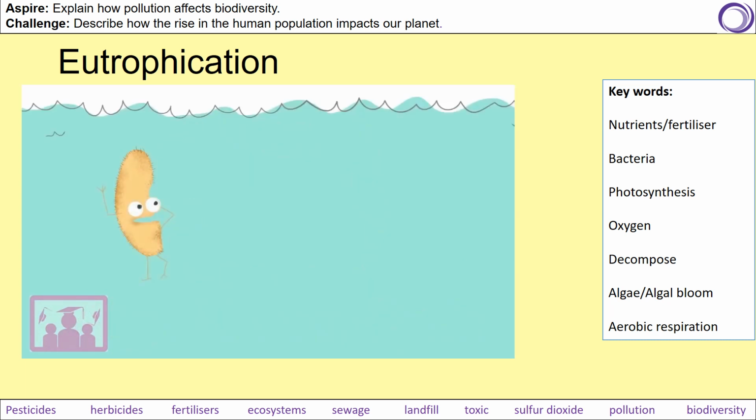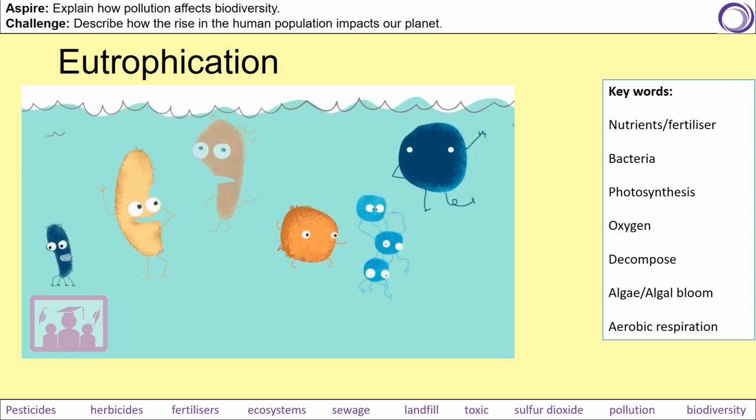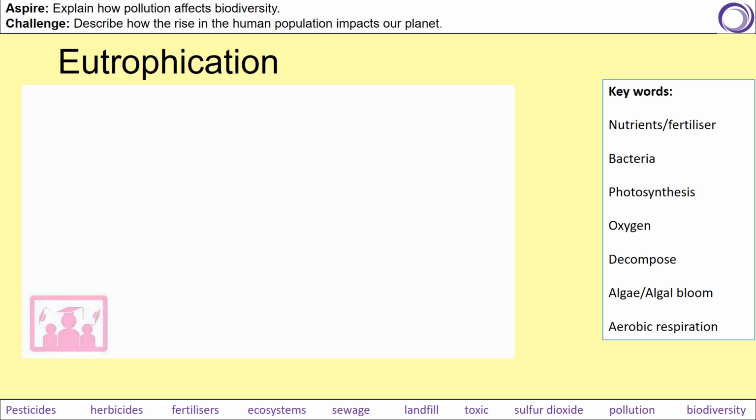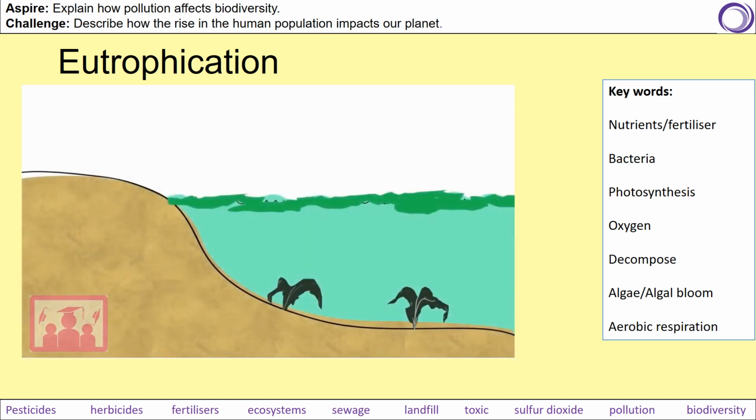The bacteria, with a continuing supply of food, reproduce into much larger numbers, consuming oxygen as they grow and respire. There's not much oxygen in the water to begin with, so when the bacteria consume it quickly, it might run out completely. Water without oxygen is called anoxic. If the water turns anoxic, all non-bacterial life in the water, including fish and other animals, will die.